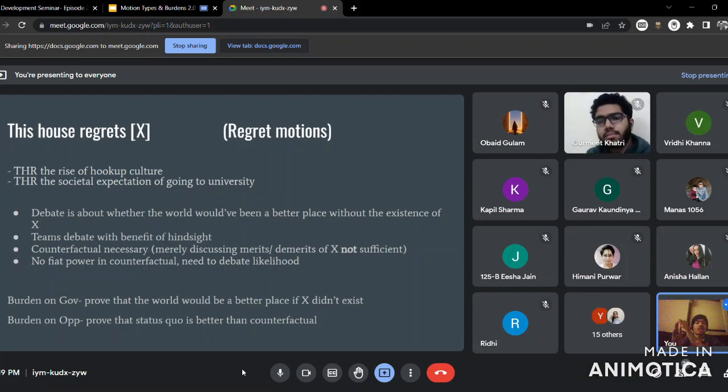You need to engage with that world and tell why, because of the existence of X, the status quo is better than that imaginary world or that counterfactual where X would not exist, because it would lead to so and so harms which are absent in status quo, and these benefits which are in status quo will not be in this imaginary world because X is not there. So this comparison is something that is extremely, like, compulsory to do if you want to win the debate.